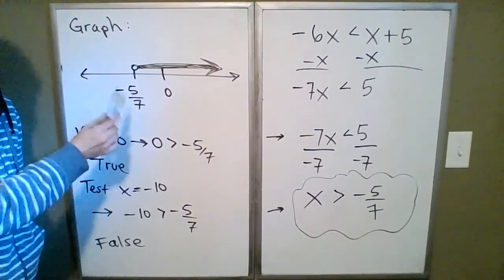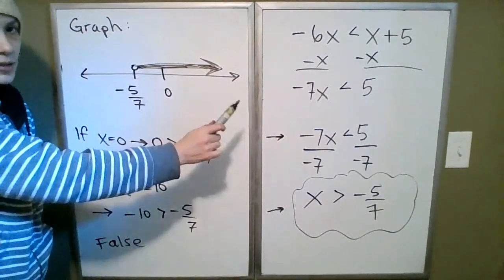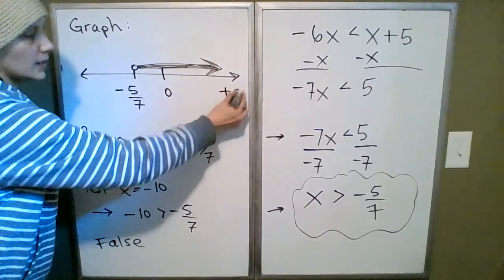And your interval starts at the smallest value in the set, negative 5/7, goes towards the larger value, which would be positive.